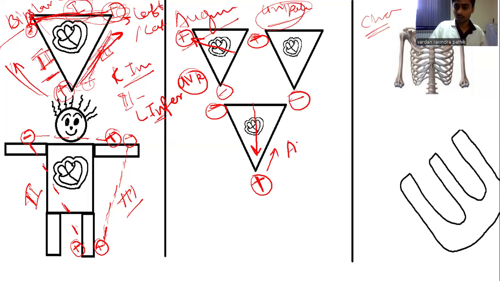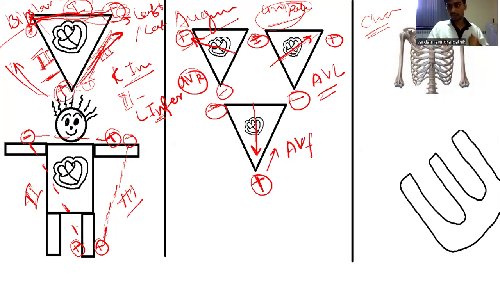Now this will be called AVF, augmented from foot, sorry. Now negative, negative and positive, resultant will be like that, but we are seeing through here, so this will be called AVL, augmented from left, right?